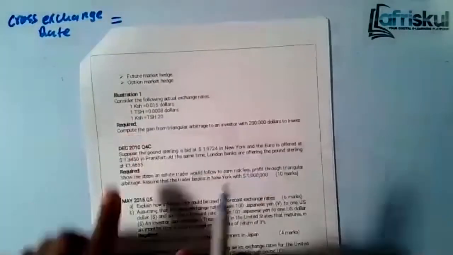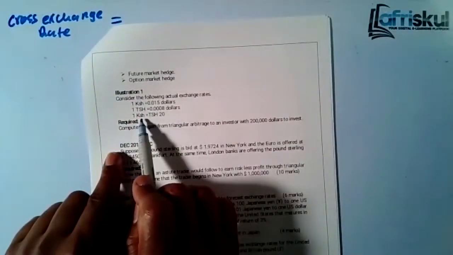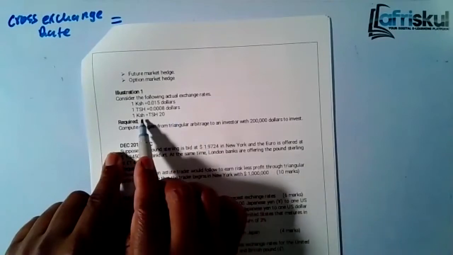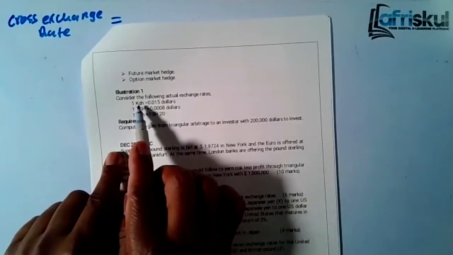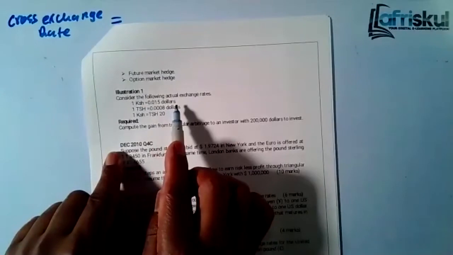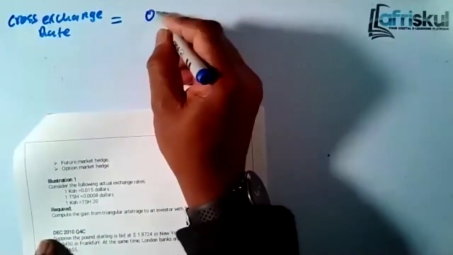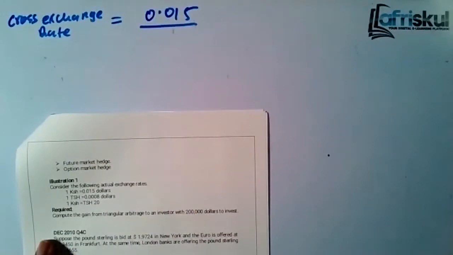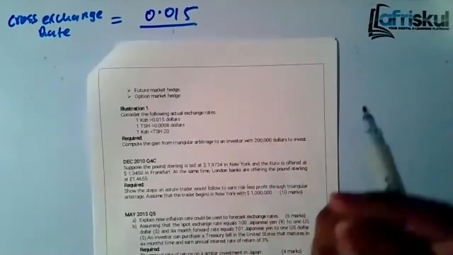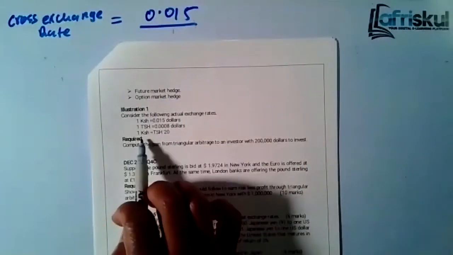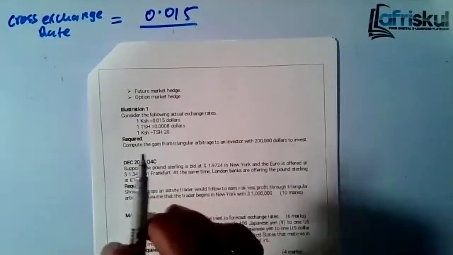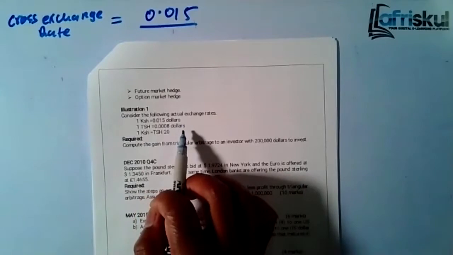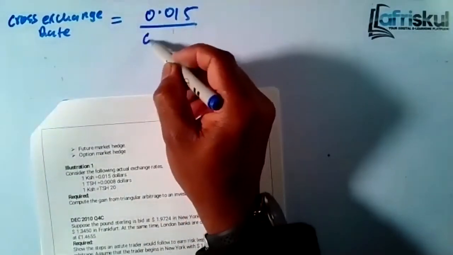We have 1 Kenyan shilling equal to 20 Tanzanian shillings, so you start with the Kenyan shilling, which is $0.015. That is the value of currency A in dollars. Then you divide by the value of currency B in dollars: 1 Tanzanian shilling is equal to $0.0008.